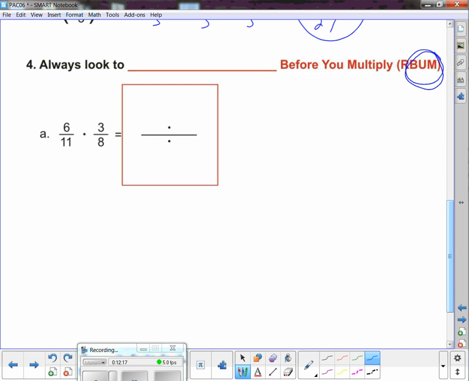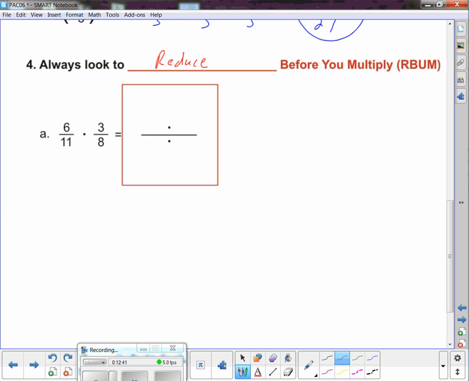Are you a bum? Are you going to be a bum? If you don't, you will be a bum, and I will let you know you're a bum. So don't be one. What is R bum?